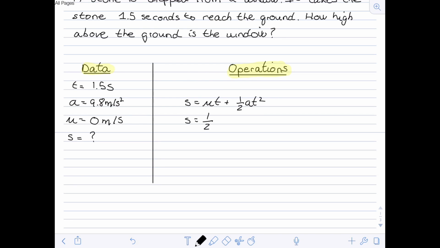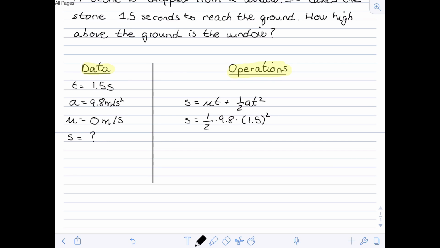A half of 9.8 multiplied by t squared. You can put this in brackets. But wait a minute, we know time is going to be 1.5 squared. So what do we get?